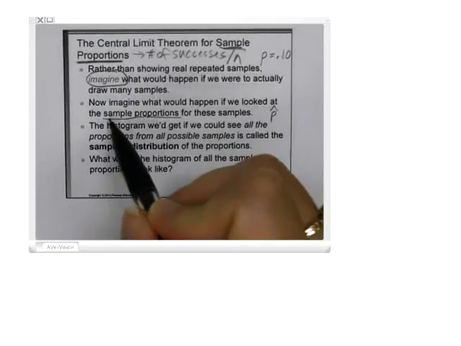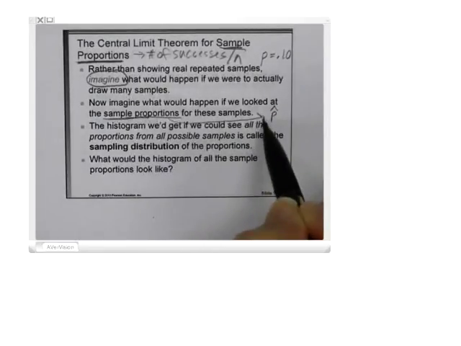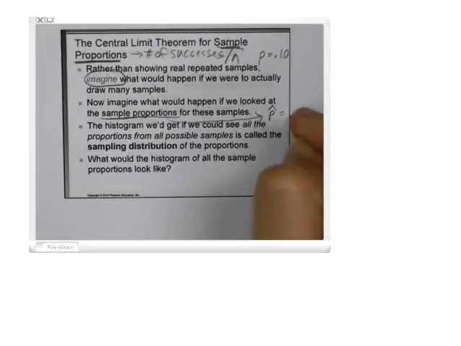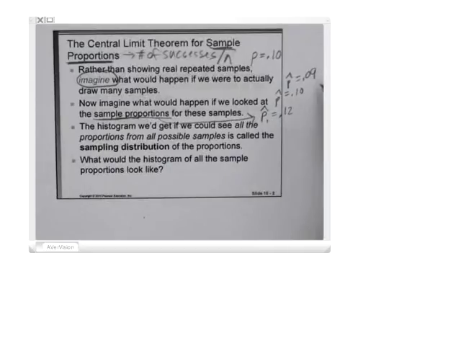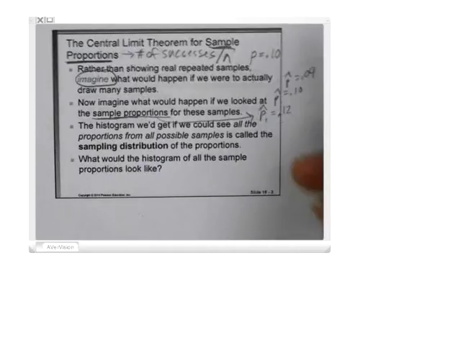Sample proportions are p-hats. So maybe in one sample it was 12%, in another sample it was 10%, in another sample it was 9% red. We got a whole bunch of samples, and we would keep going. You need to do all of them. You have a whole bunch of sample proportions of red M&Ms.